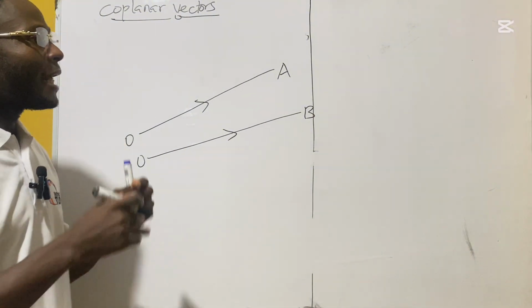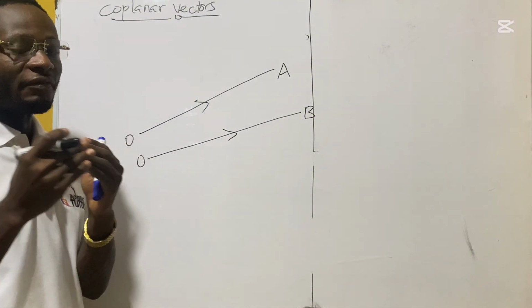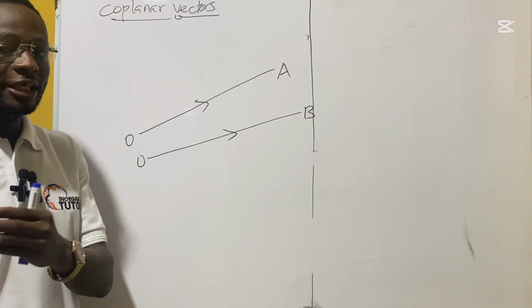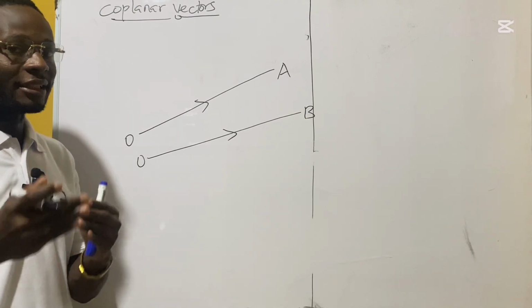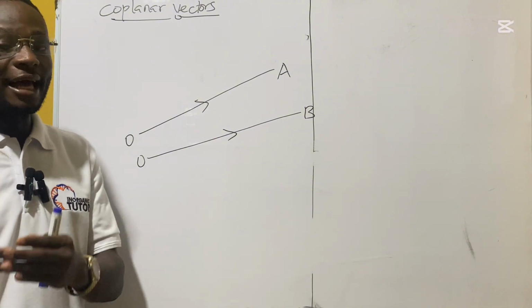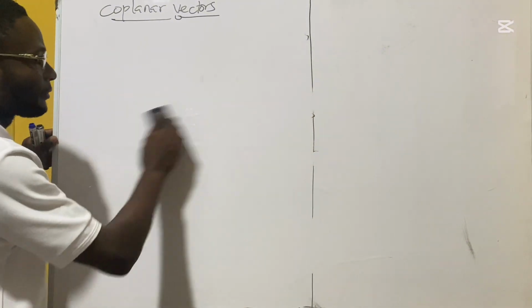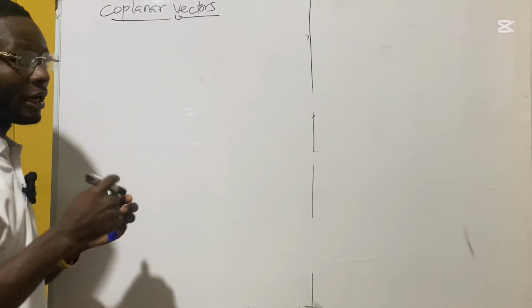Okay, so we can talk about vectors on the same plane. So for instance, let's consider vectors A, B, and C that are coplanar.